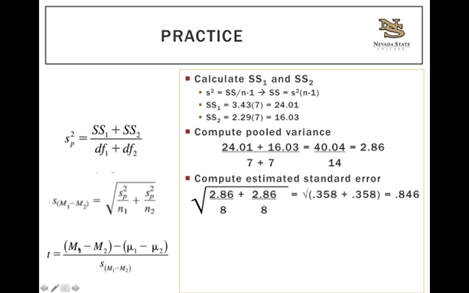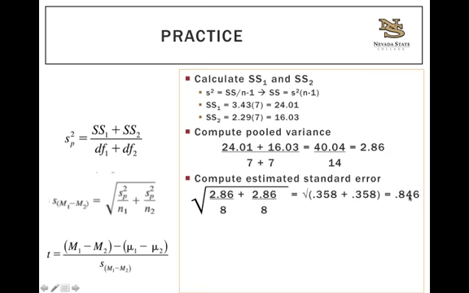And then finally, we plug all these bad boys into our T formula. So remember, our first group drank 6. Our second group drank, sorry, 3. So 6 minus 3 here. And then our null hypothesis here is that the difference between mu1 and mu2 is 0. We just figured our estimated standard error.